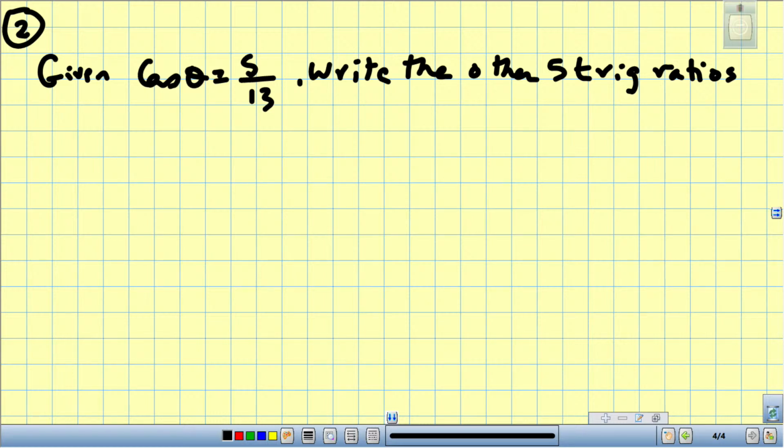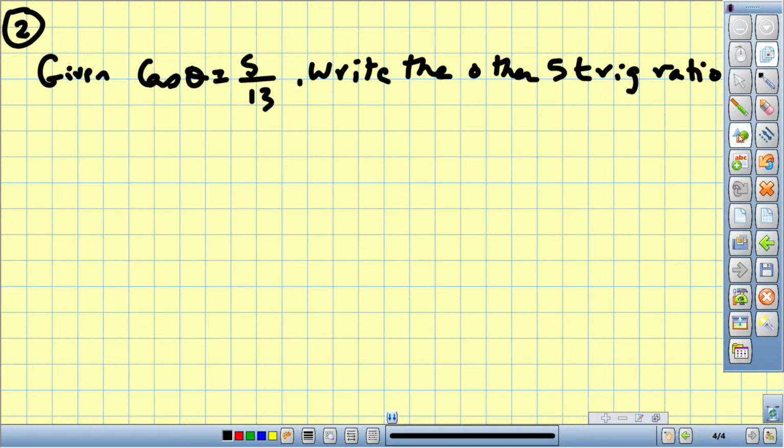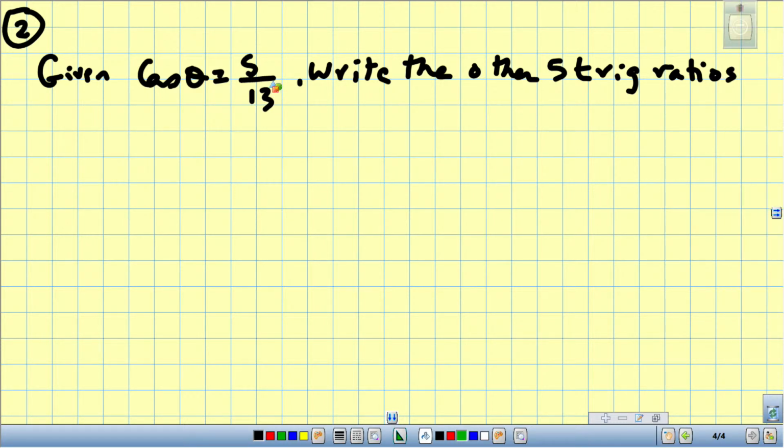As I always recommend, you need to put tiny mighty triangles just for your eyes to see. It looks like there's a 13 here, and I have to know the definition of cosine. What's the definition of cosine again?